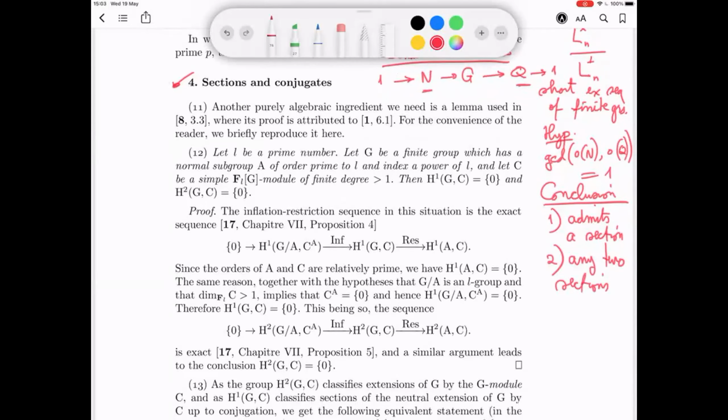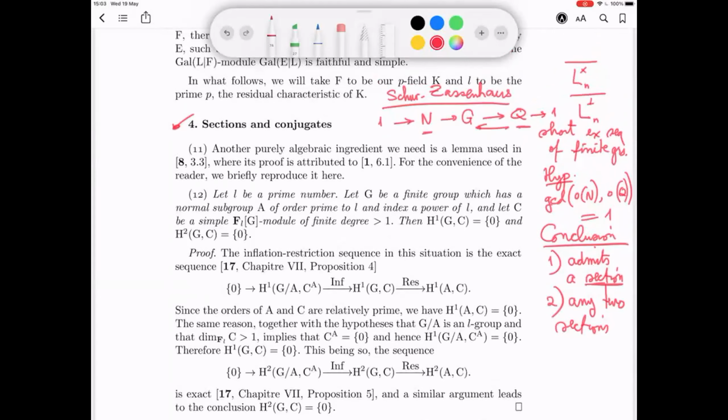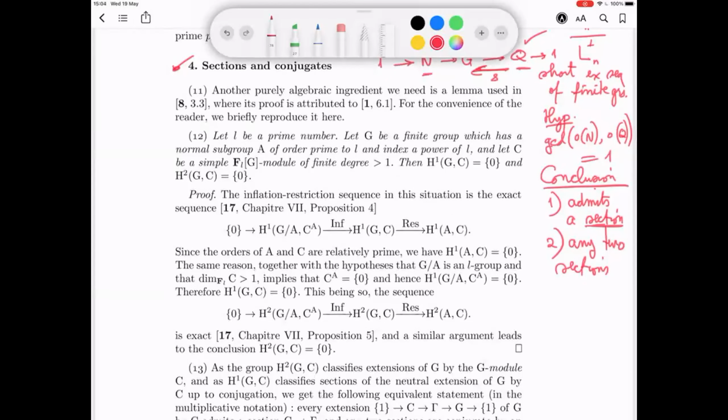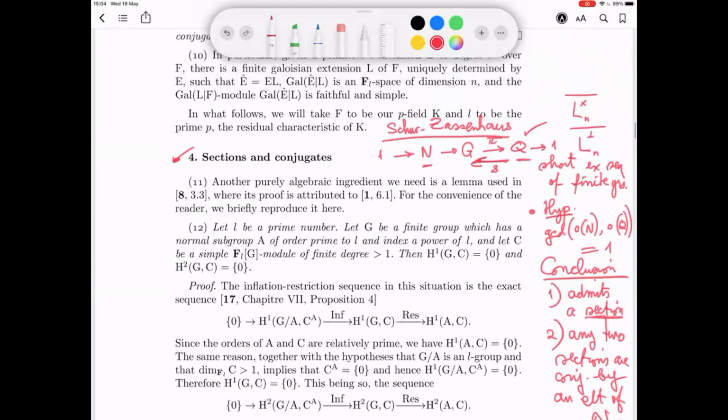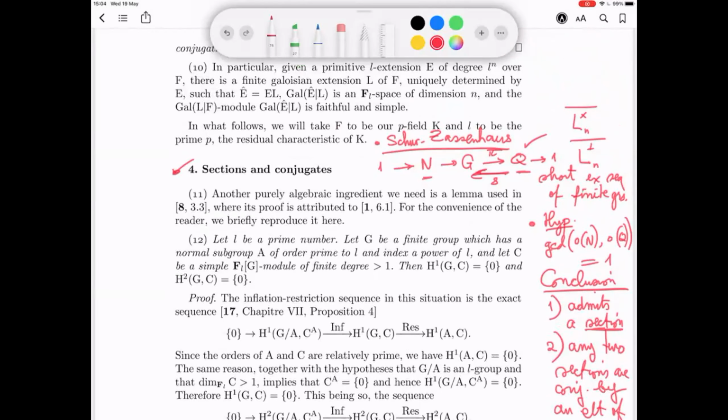You understand what a section is: a homomorphism of groups S from Q to G such that when you apply S and then the projection pi, you get the identity map of Q. The second conclusion is that any two sections are conjugate by an element of N. That is the theorem of Schur-Zassenhaus.